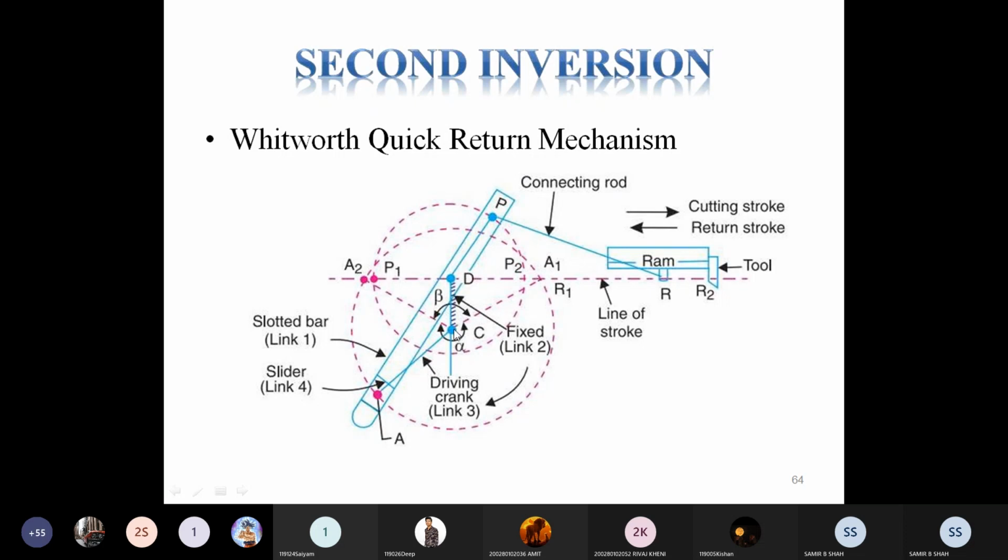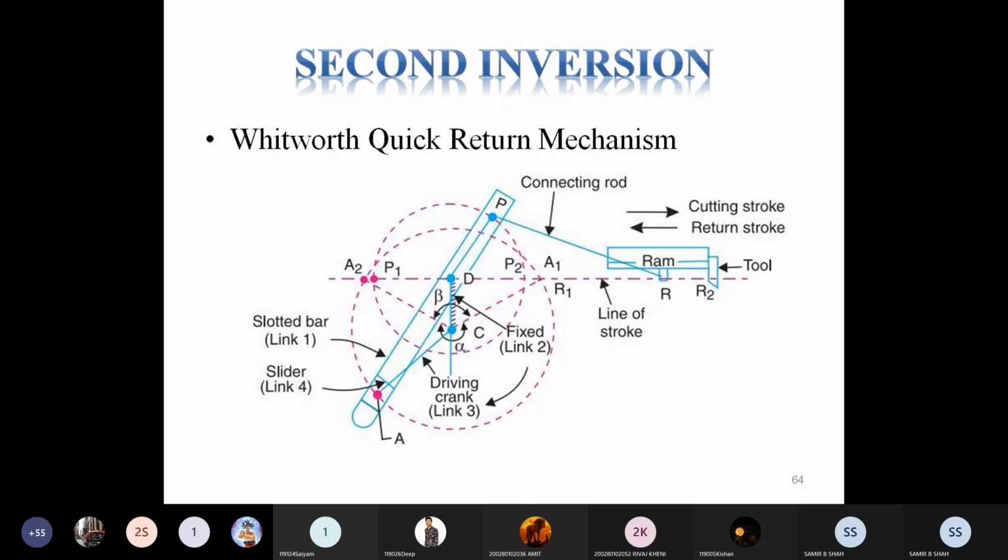Suppose initially the position of the stroke is at CA1, at that time the tool is at R1, while when the crank is at CA2, the tool is at R2.